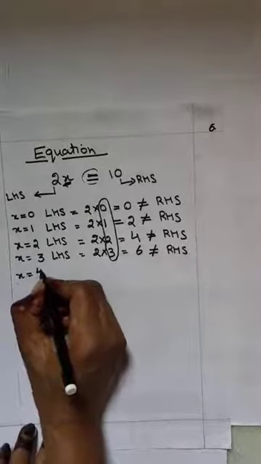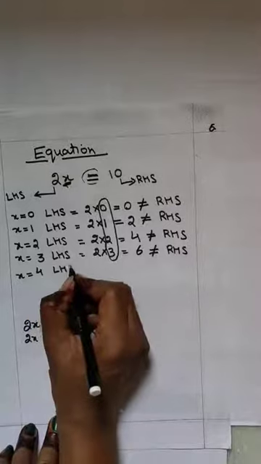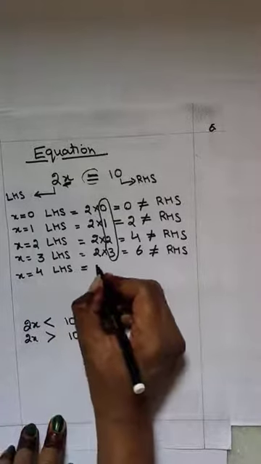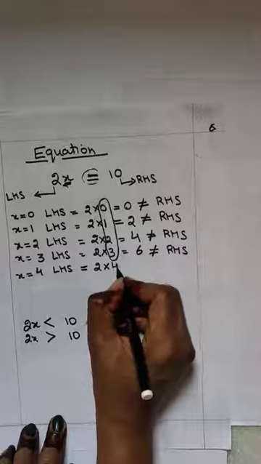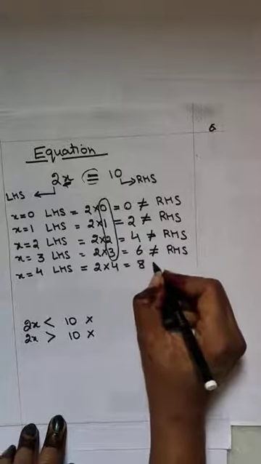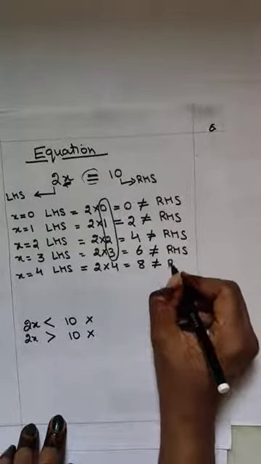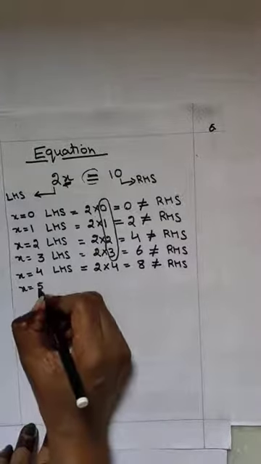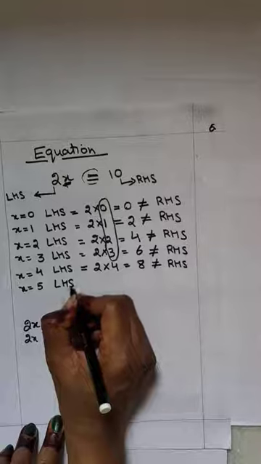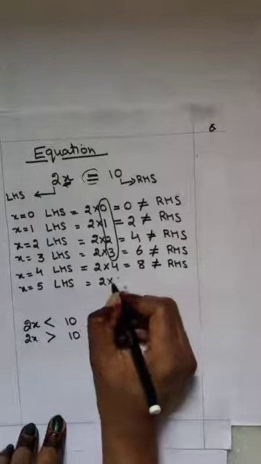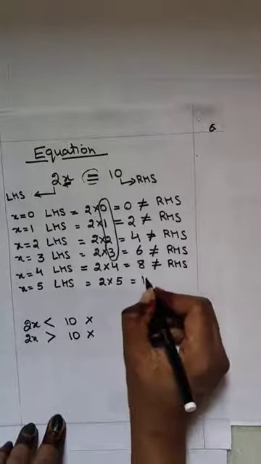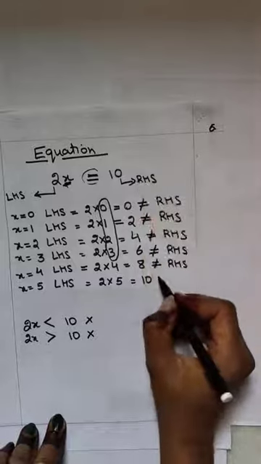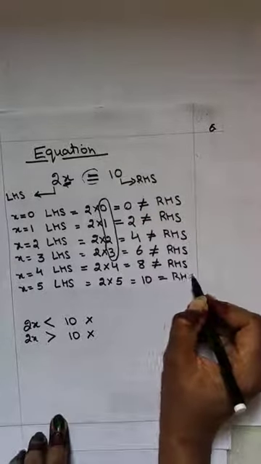When x equal to 4, left hand side is 2 multiplied by 4 equal to 8. It is also not equal to RHS. And when x equal to 5, it is 2 multiplied by 5 equal to 10. See, now this is equal to RHS.